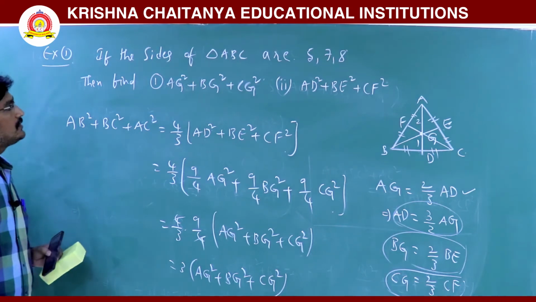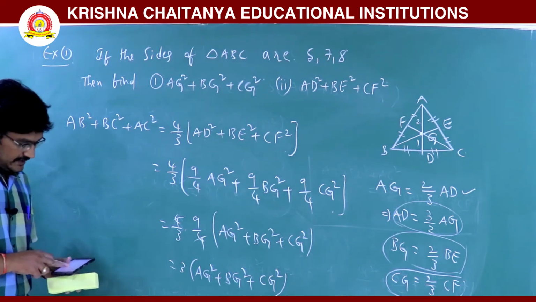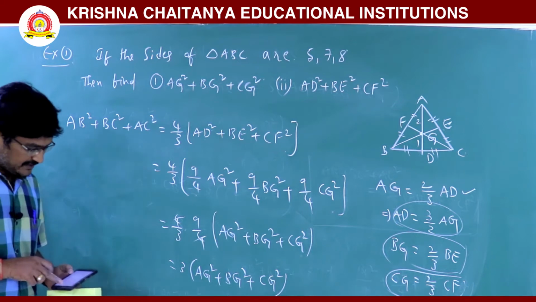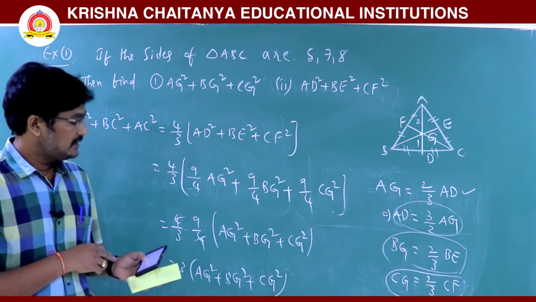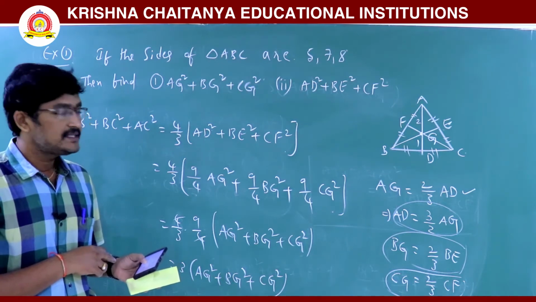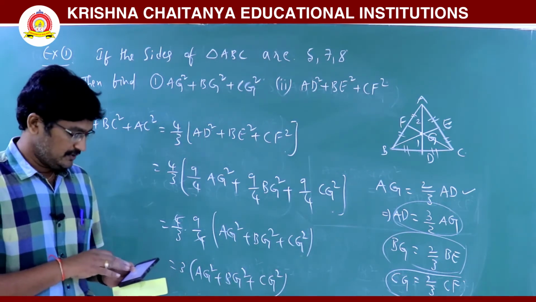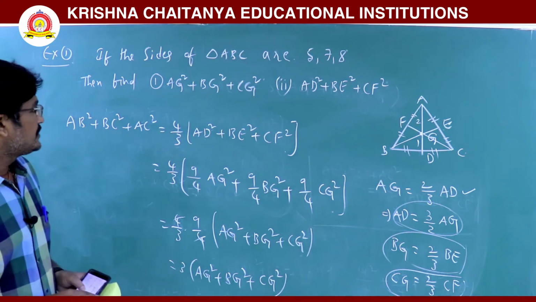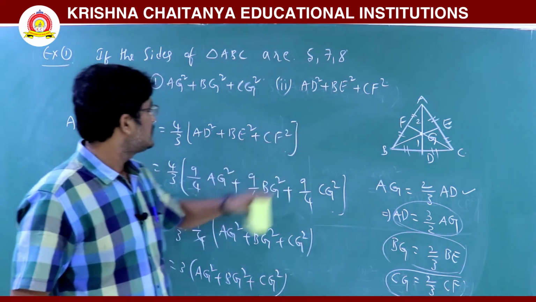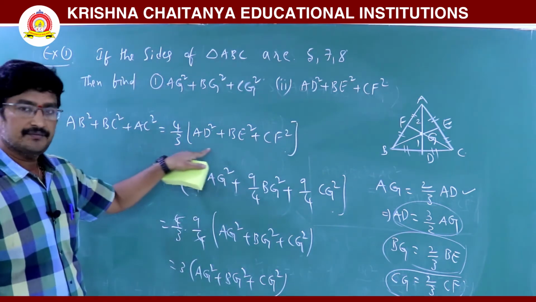So 5, 7, 8 are the lengths of the sides. Then find AG square plus BG square plus CG square, one question, and also find AD square plus BE square plus CF square is the second one. Listen to me. To get AD square plus BE square plus CF square, we have to use this one.